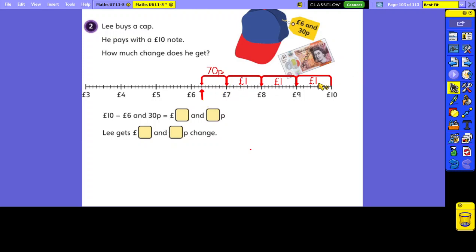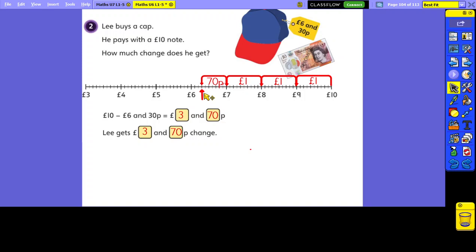And how does that help me answer my question? Well, actually what I've worked out is how much change Lee gets. Lee will get £3 and 70 pence change, because from £10, that's what I've had to take away and jump on my number line to get to the cost of the cap.